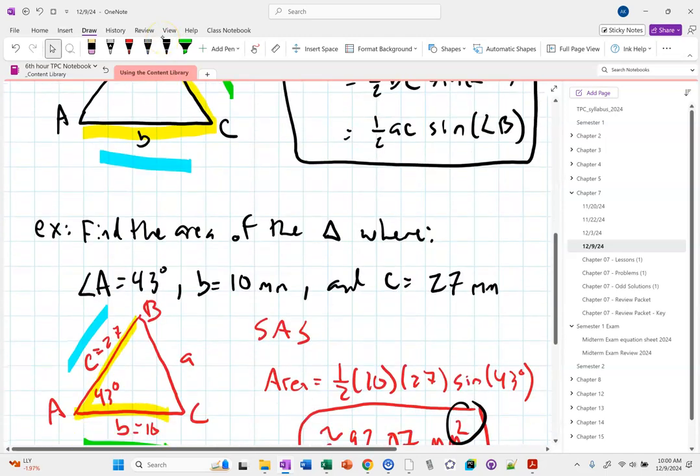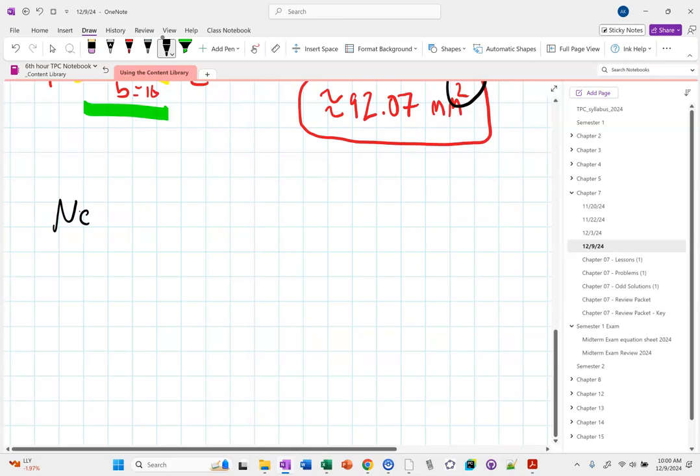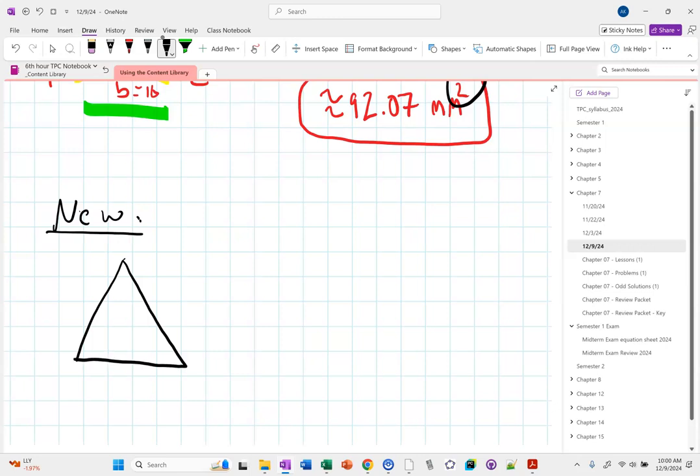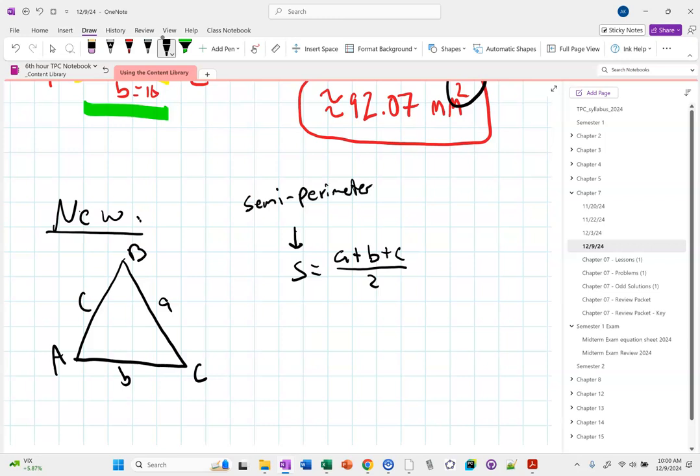Our second new formula: so we have our regular triangle, and I'm going to define a new quantity called the semi-perimeter that I'm going to abbreviate with S. Remember, the prefix semi usually means half.